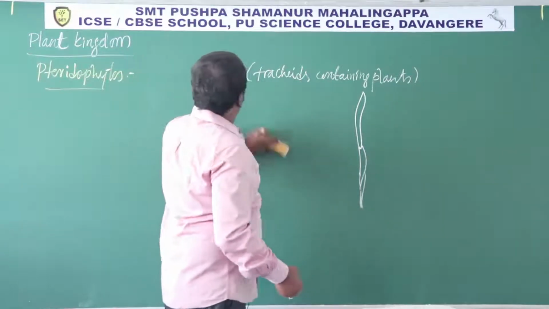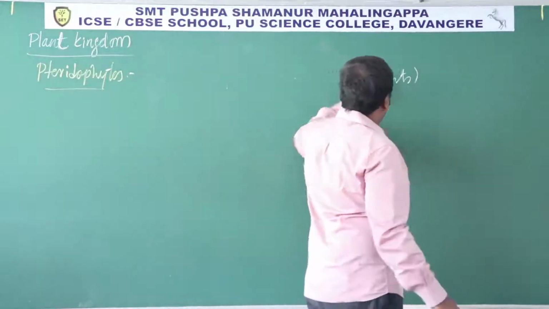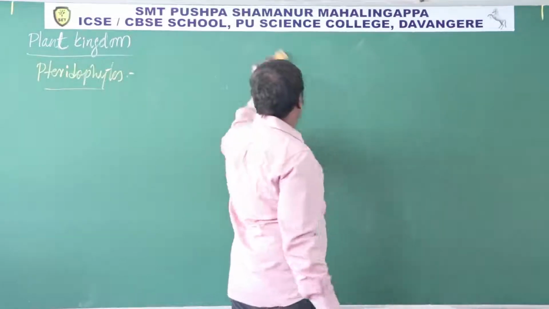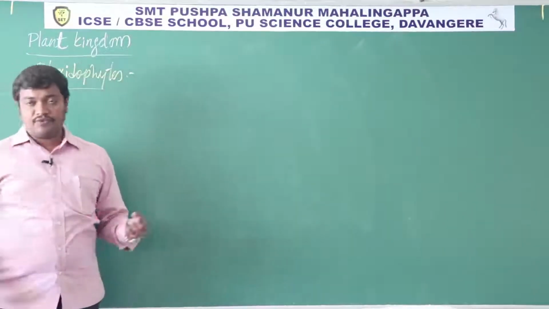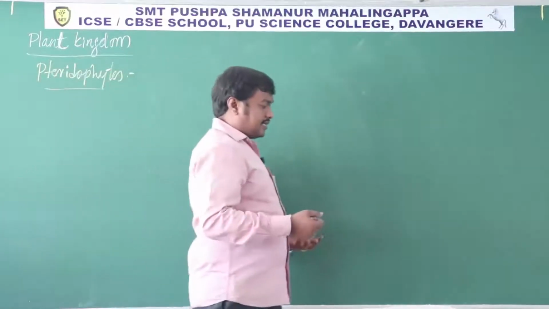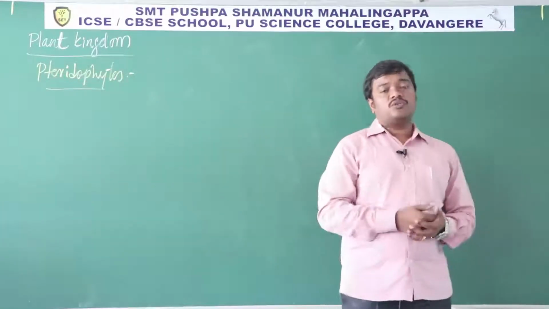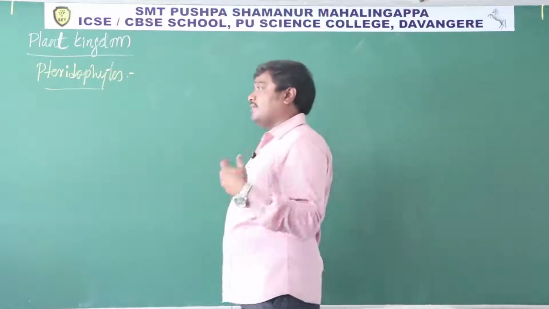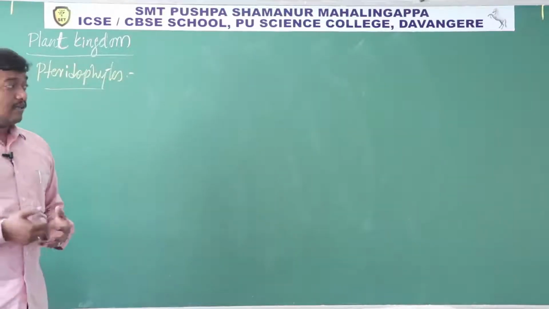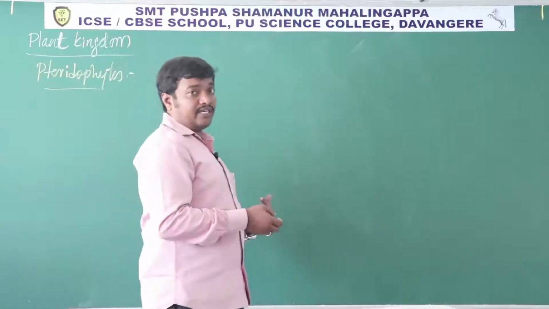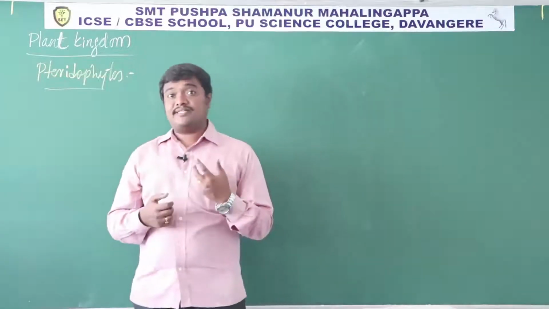And these pteridophytes reproduce sexually, by producing spores and gametes, and through the fusion of gametes the embryo is going to develop. That embryo later develops into the sporophyte. Here the main plant body of a pteridophyte, as we discussed in the last class, is the sporophyte. It is diploid.